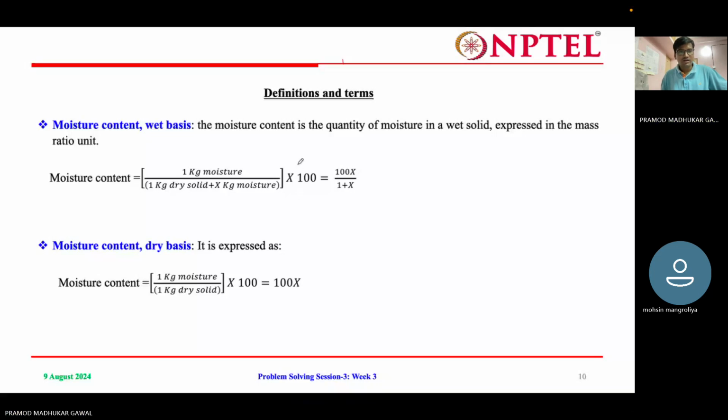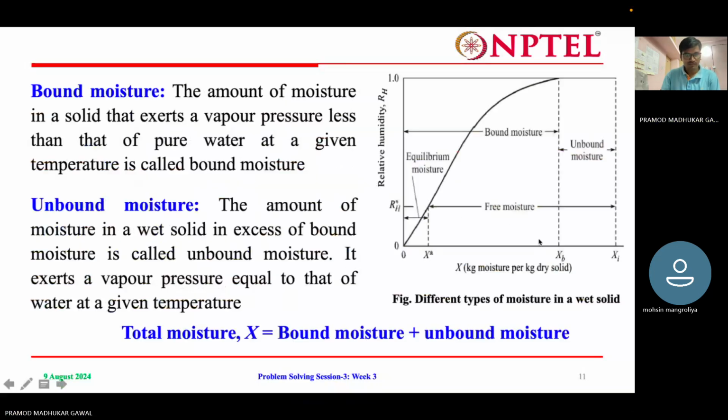This is on a weight basis. And moisture content on a dry basis is kg of moisture divided by kg of dry solid, so here it's 100x. So here is a graph, relative humidity versus x.